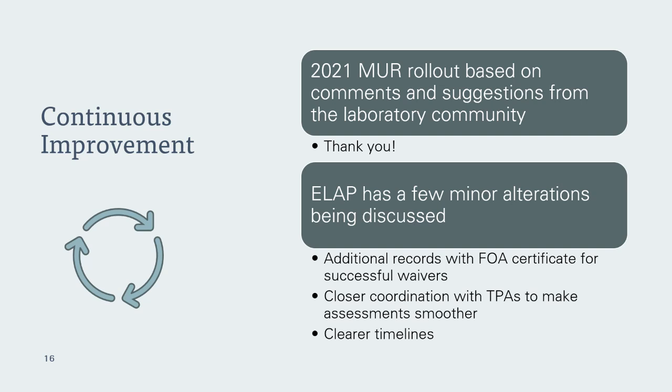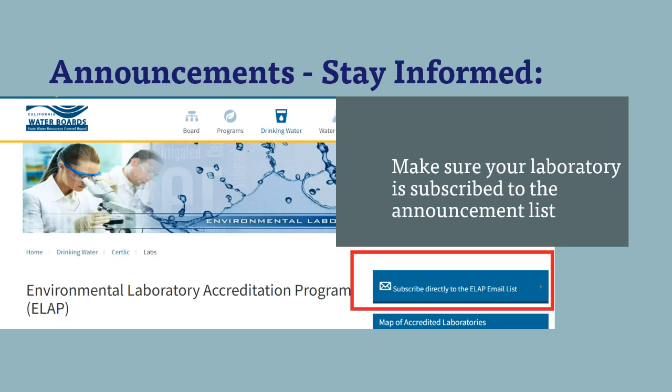But for your laboratory to stay informed, if we move on to the next slide, you've got to make sure you're subscribed to our email announcement list. This email announcement list is free. There's no cost. ELAP does not spam inboxes with it. There are few key announcements, but all of them go out through the ELAP list.